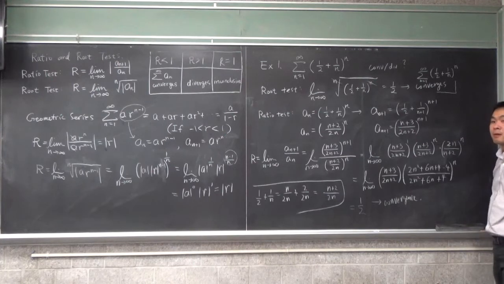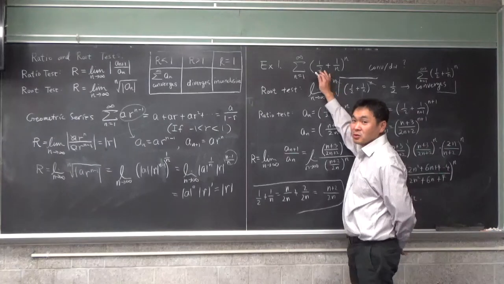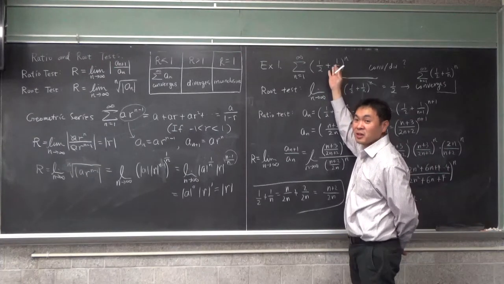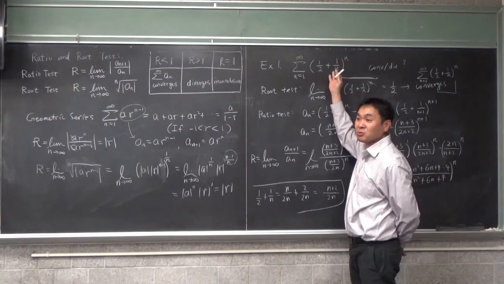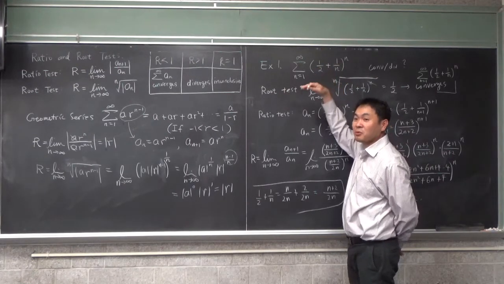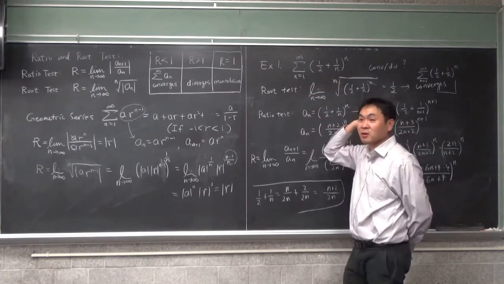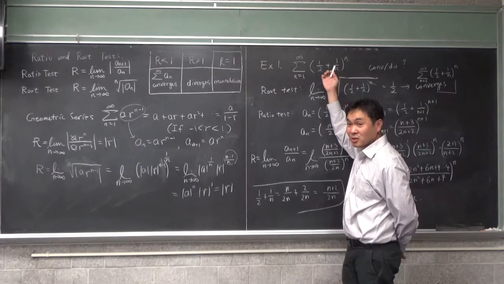Okay. So here's what we see. Originally, when we looked at this series, we said, oh, this looks like a geometric series when n is really large. This will behave like 1/2 to the nth power for big values of n. And because we know that 1/2 to the nth power converges, this should converge as well. That was our hunch, right?